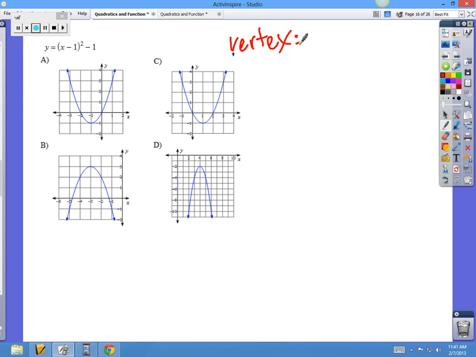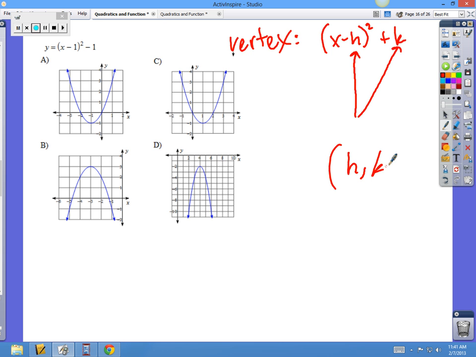The vertex is these numbers right here. So your vertex is going to be h and k. But it has to be in this form. It's got to be x subtract h.